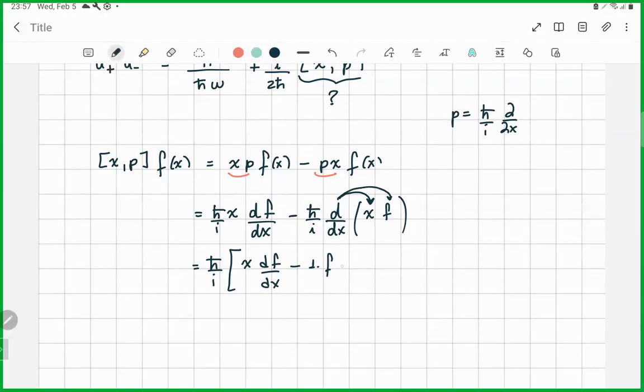So then we have minus x derivative of f. All right, this cancels, but this survives. And there is a minus sign here with i in the denominator. I can write this as positive if I bring the i to the numerator, right? So we end up with this.